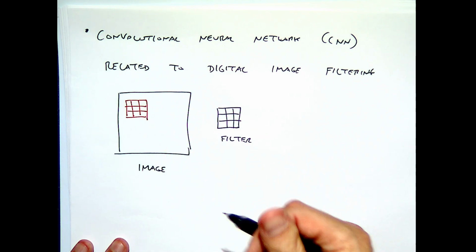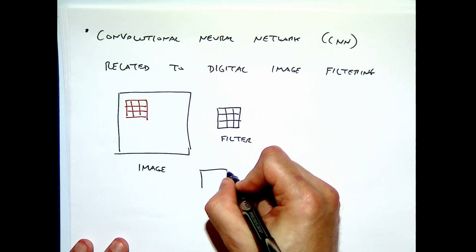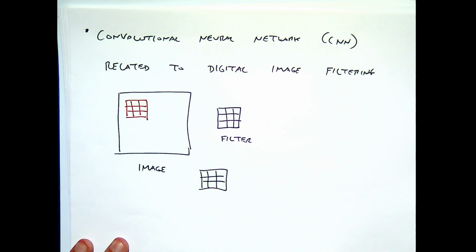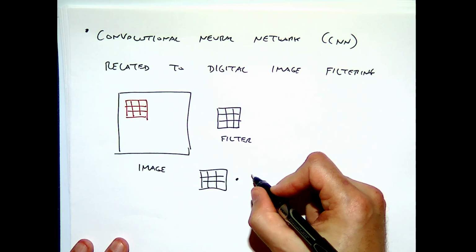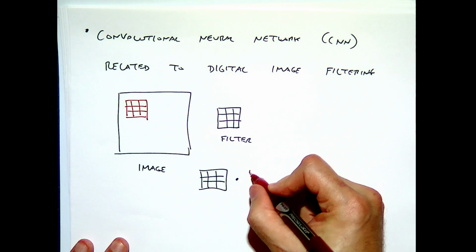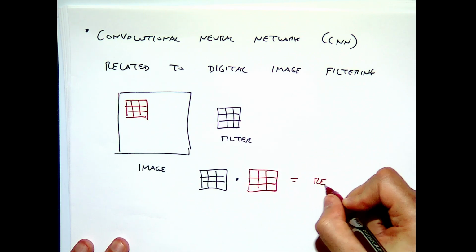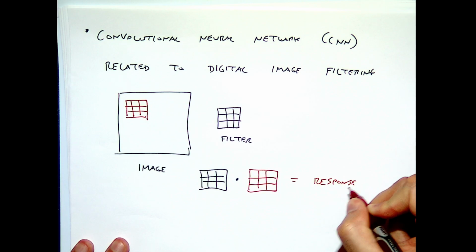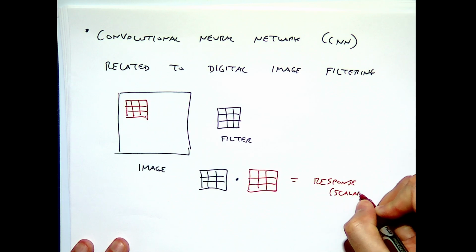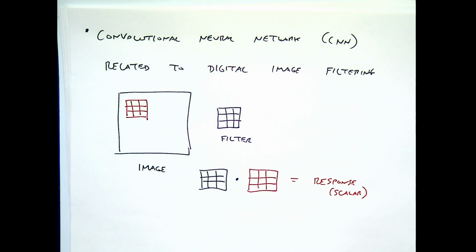So I take the filter coefficients, which don't change, take the dot product with the image pixels where I am, and I get a response, which is a scalar.